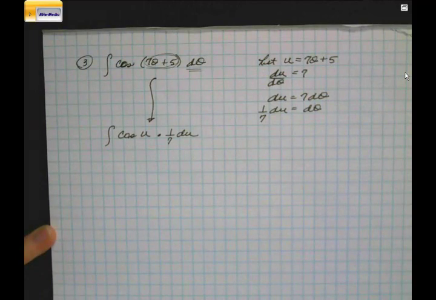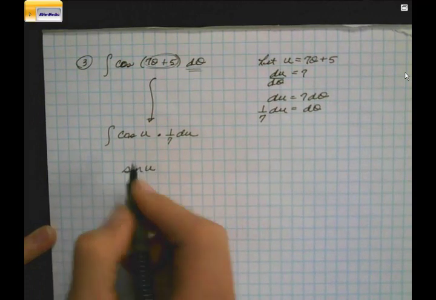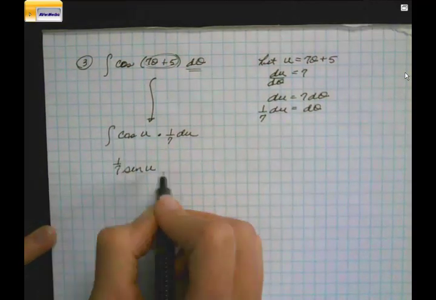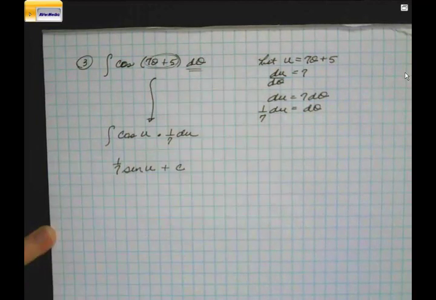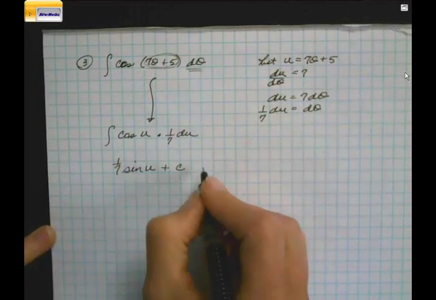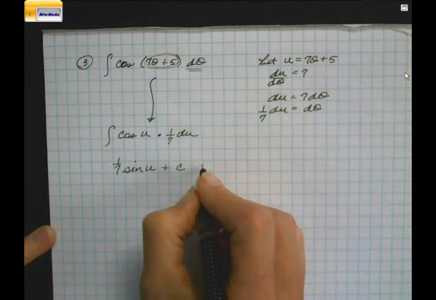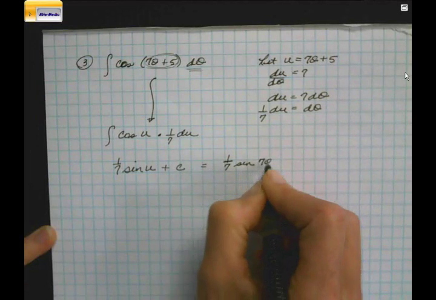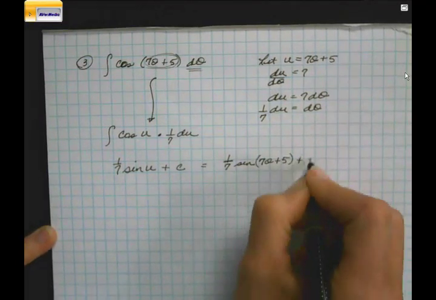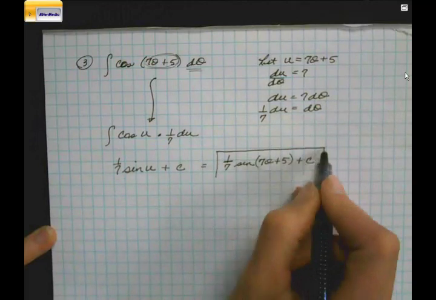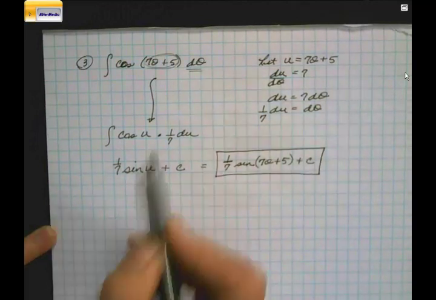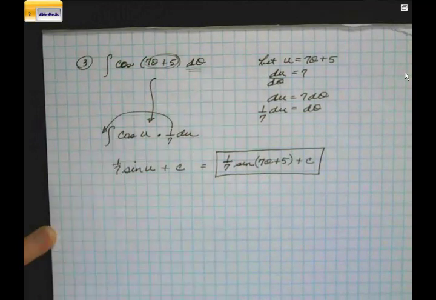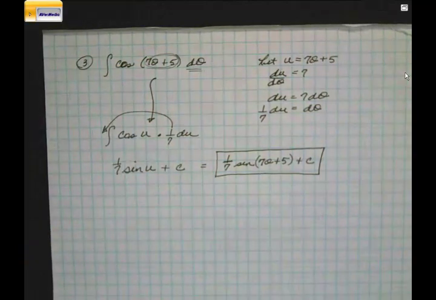When you integrate, it's the opposite of differentiating, so the integral of cosine u is sine u. The 1/7 goes in the front, right? 1/7 sine u plus c. But you must go back into the variable of theta, so this is 1/7 sine of 7 theta plus 5 plus c. I pulled that constant of 1/7 out front of the integral. I didn't show that step.